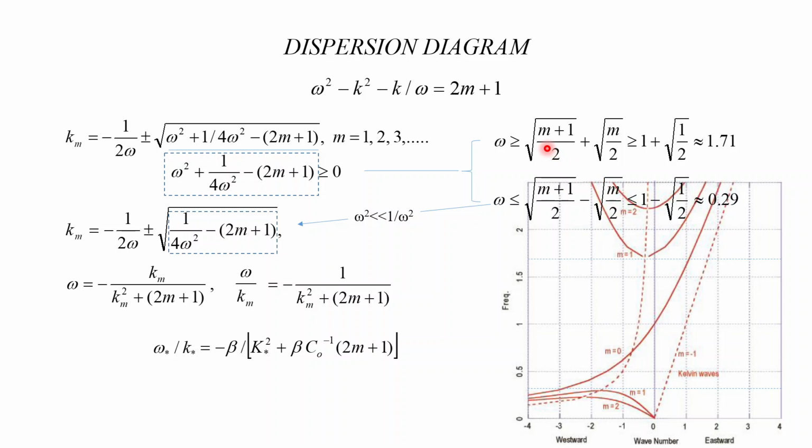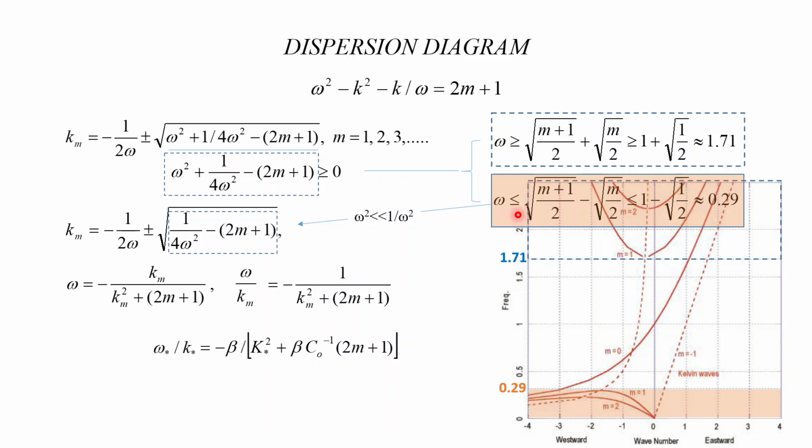For the two frequency ranges, the higher frequency has omega larger than 1.71 on the y-axis, which is frequency. These are the familiar inertial gravity waves, similar to the ones we derived for channel flow in a constant rotation coordinate using the shallow water equations.